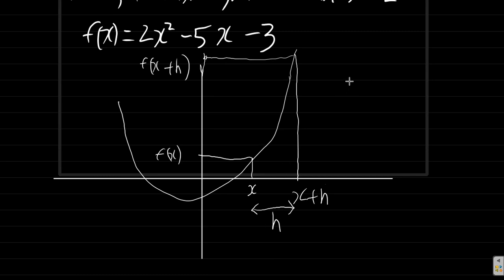Now, what's the gradient of this graph? We're just quickly reviewing the gradient. The gradient is equal to rise over run, which is y2 minus y1.